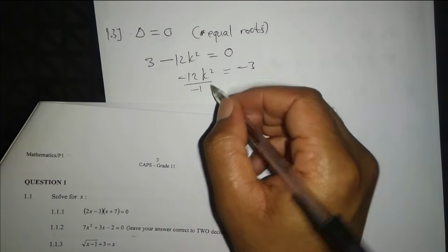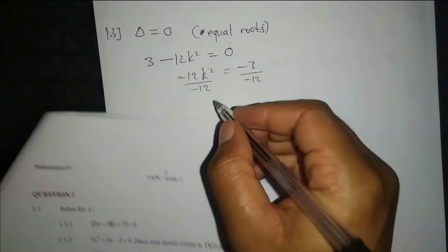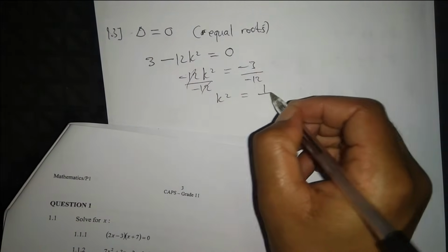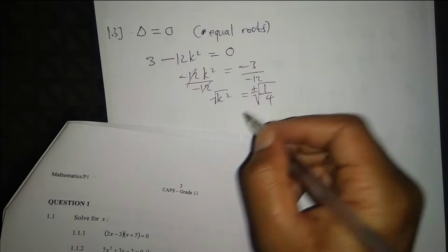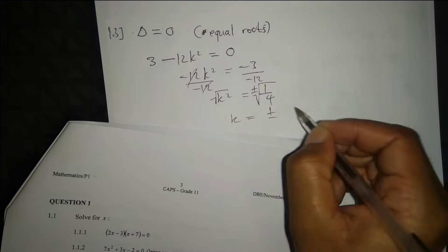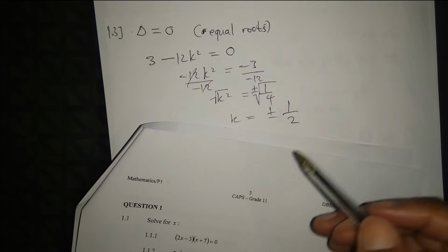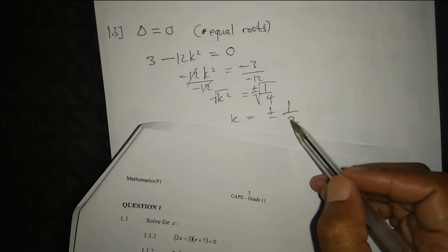Divide both sides by negative 12. So k squared is equal to 1 over 4. Then you square both sides, plus minus. k is equal to plus minus 1 over 2. So therefore, for which values of k will the roots be equal? The roots will be equal if and only if k equals a positive half or a negative half.